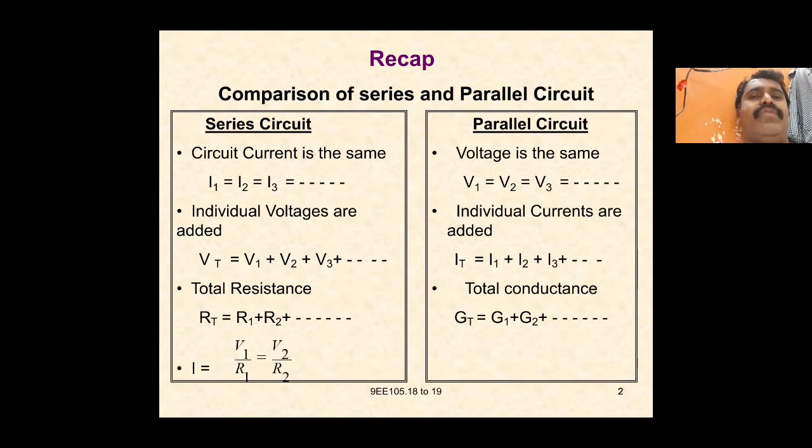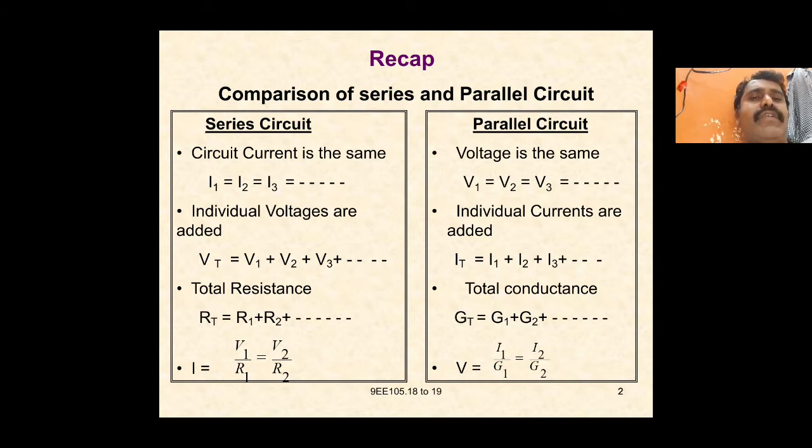I is equal to V1 by R1 is equal to V2 by R2. V is equal to I1 by G1 is equal to I2 by G2. Conductance is the reciprocal of the resistance. So this is the comparison of series and parallel circuits. In a series circuit the current is equal, and in a parallel circuit the voltage remains the same. In a series circuit the voltage is divided, and here the current is divided.